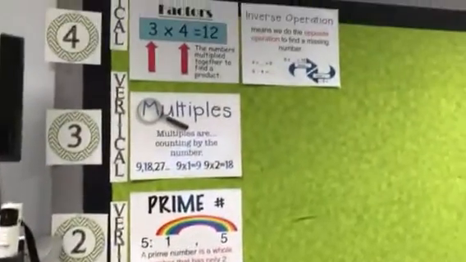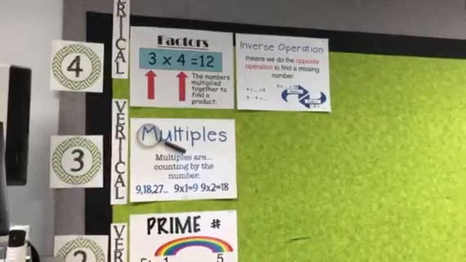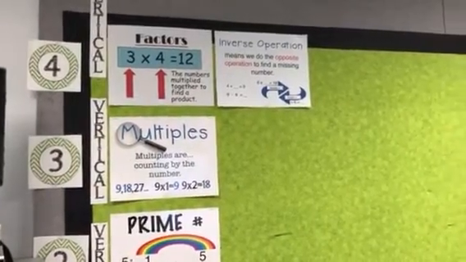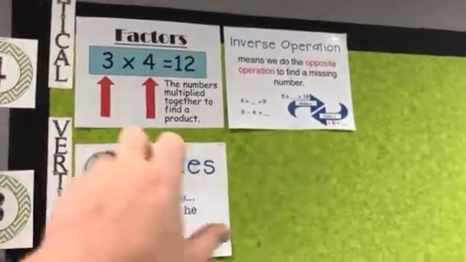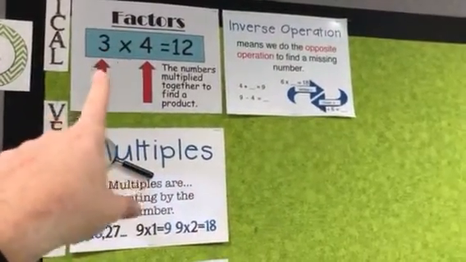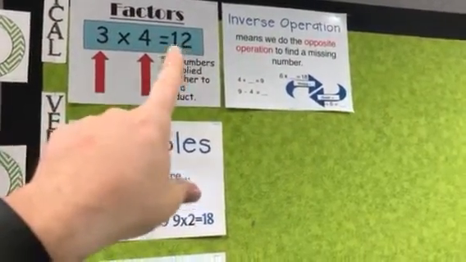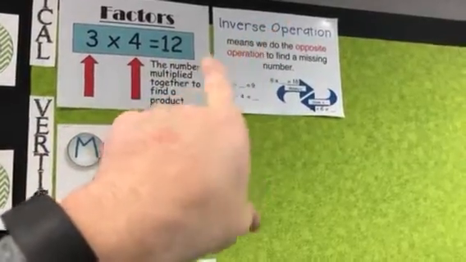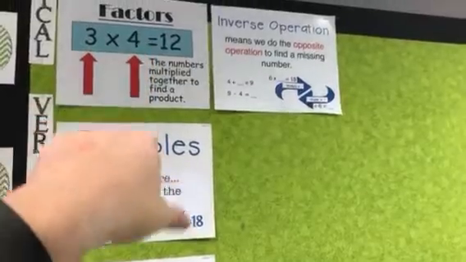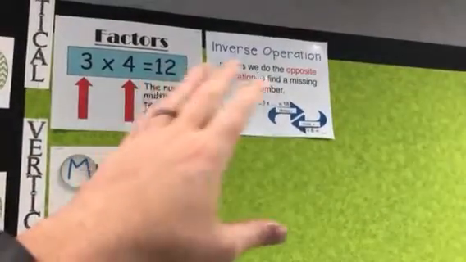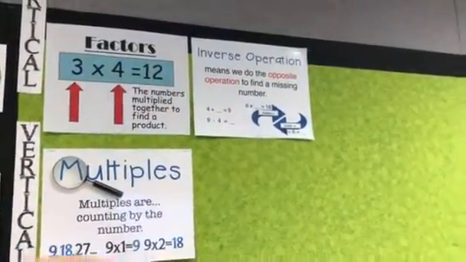So use those and think about those as you do your test. And remembering when we're doing a factor rainbow, we're wondering, does 3 times something make 12? So we do this inverse operation and we do 12 divided by 3 to see if another number fits in there. So that's the why of why we're doing the division.